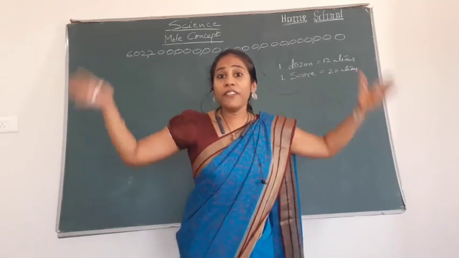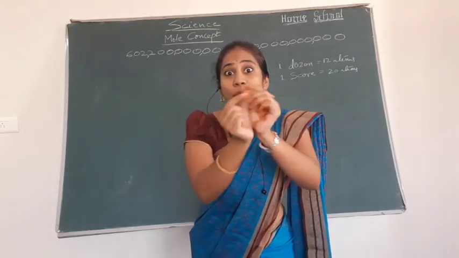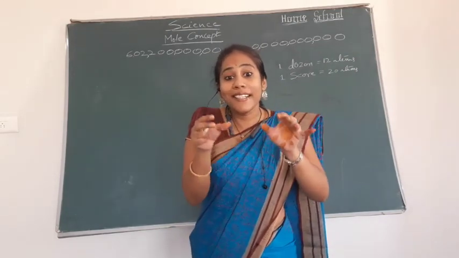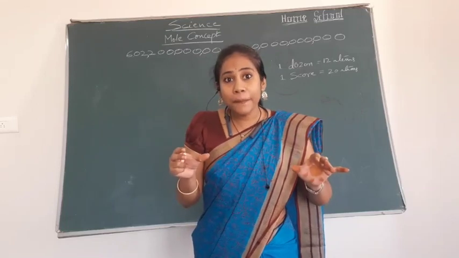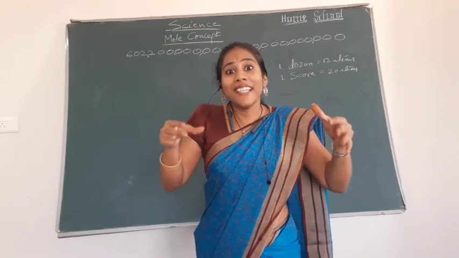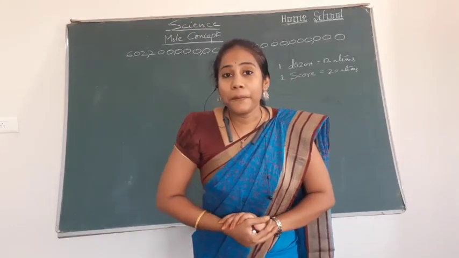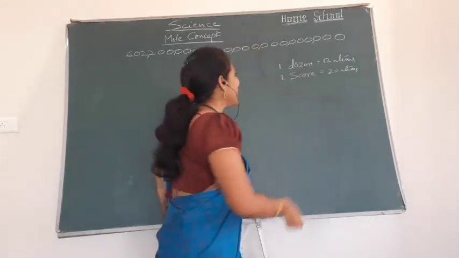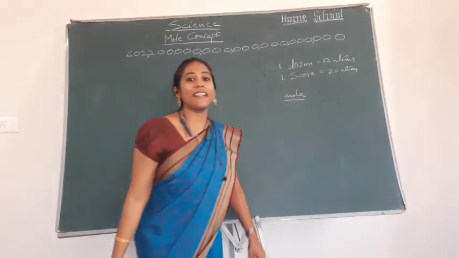I want one bigger number to represent because the item is very small and it is present in lakhs together. So in that case, to define their collection, I want one big term and a big number, right? The term I use here is mole.